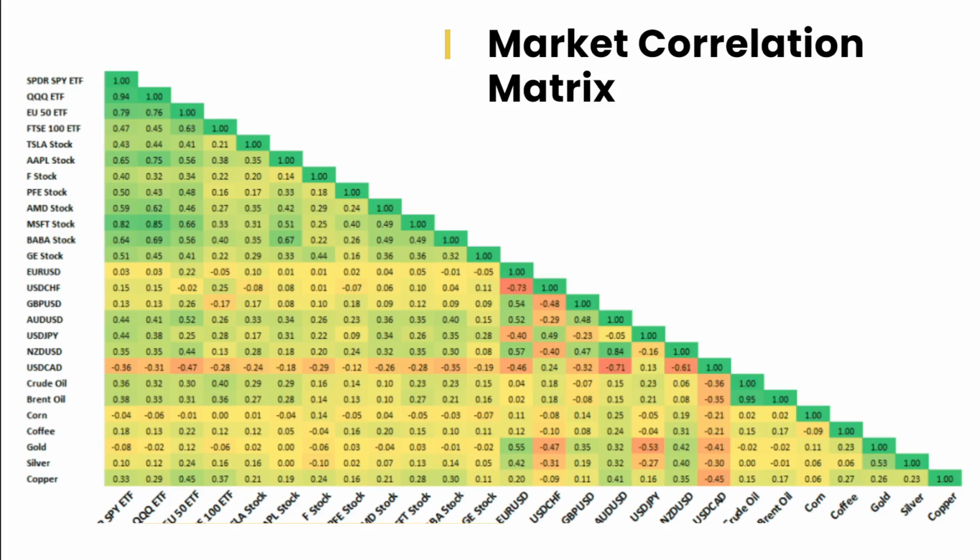The way that these are measured is from -1 to +1, right? You have your negative correlations, which means things go opposite of each other, and you have your positive correlations, which means things go congruently with each other. When we look at some of these numbers, you can see they're highlighted green for being the most, and 1.0 is the highest you can get. So obviously, if you match up S&P with S&P, it's pretty self-explanatory.